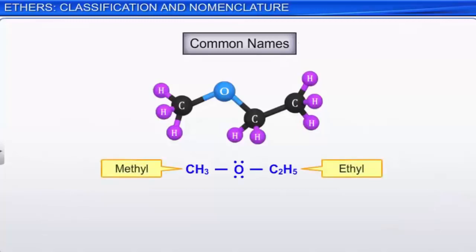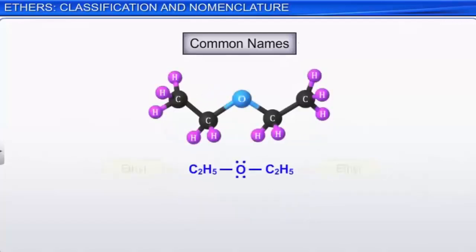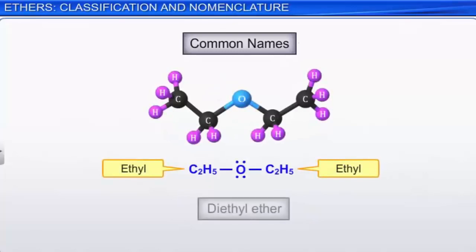For example, the common name of the ether shown here is ethyl-methyl ether. If the ether is symmetrical, use the prefix di plus the name of the alkyl group, and add the word ether at the end. The ether shown here has the common name diethyl ether.